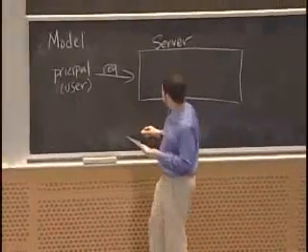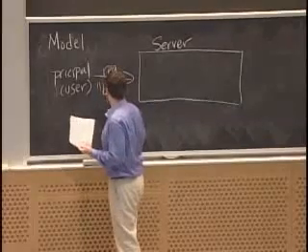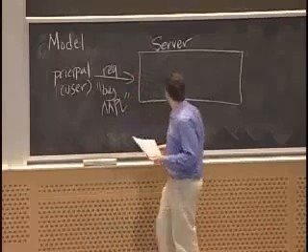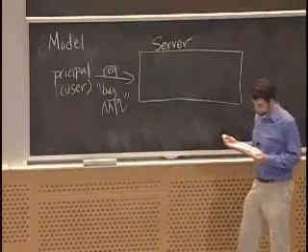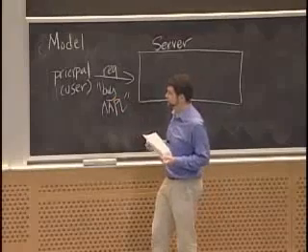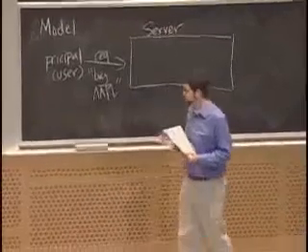This request might be something like, buy Apple stock. The server's job is to determine whether this request is actually authentic, whether it actually came from the user it claims to come from, and whether the message that was received is actually the message that was sent.